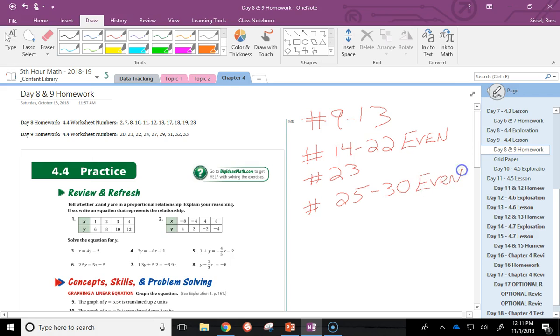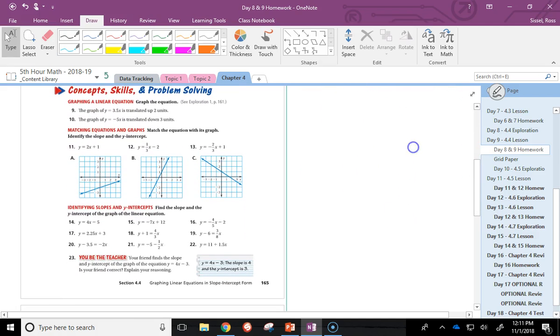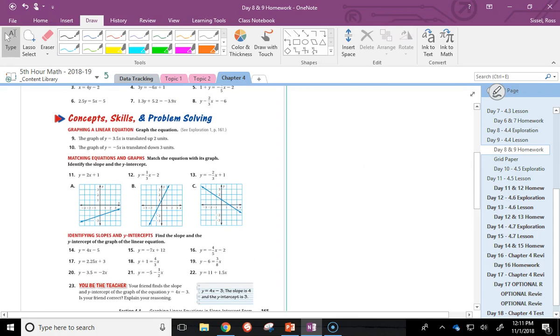Now, this sounds like a lot, but because I'm having you do evens, it's only about 14 or 15 questions you're doing. And if you look at what they are, 9 and 10 is where you have to graph. 11, 12, and 13, you're just matching up. Which one of these would match up here? Biggest hint, always identify the slope and the y-intercept.